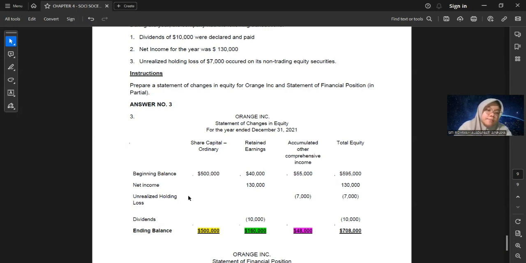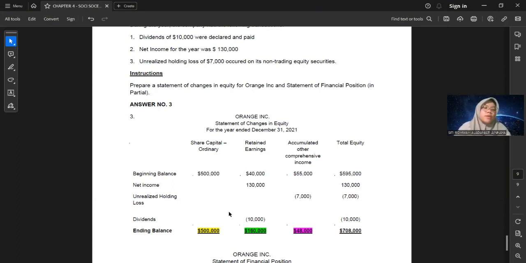And then the company paid a dividend, 10,000, which is placed as a deduction from retained earnings. After all transactions that occurred are entered, then they are totaled. The result must be the same as total equity.